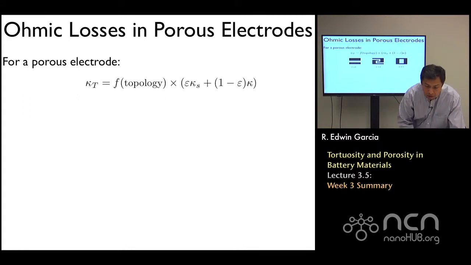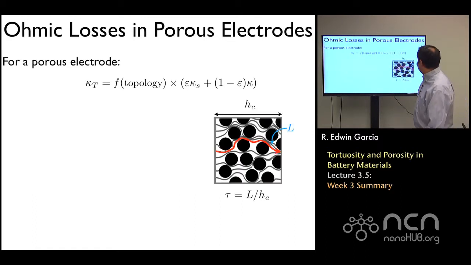Now, the tortuosity can also be seen as the ratio between the average length of diffusion across a thickness h sub c. In this case, it's a statistical measure because, as you can see from this picture, some regions may have longer transport paths than others.